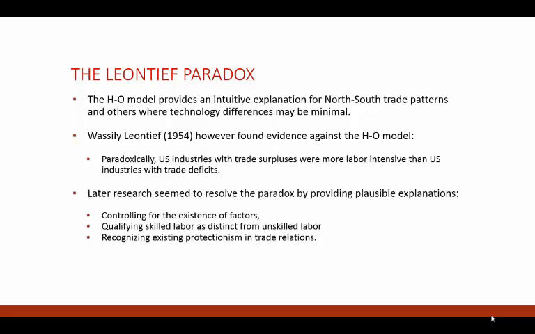The paradox essentially states that US industries with trade surpluses were found to be more labor intensive than US industries with trade deficits. This meant that the US seemed, contrary to what the HO model would suggest, to be exporting more of those goods it had a comparative disadvantage in, since the United States by comparison was considered capital abundant and should have been exporting more of those goods it was capital intensive in.